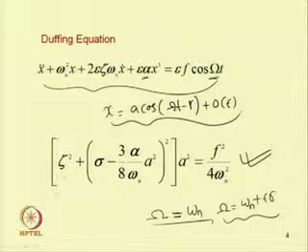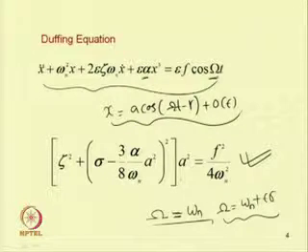The frequency amplitude relation is given by: (zeta square plus (sigma minus 3 by 8 alpha by omega n a square) whole square) into a square equal to f square by 4 omega n square.